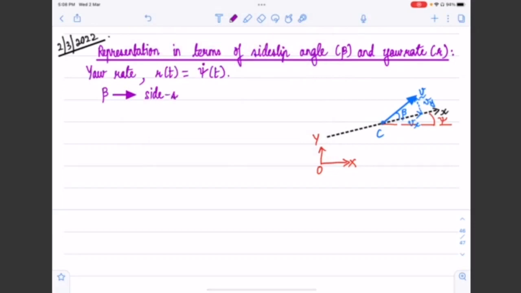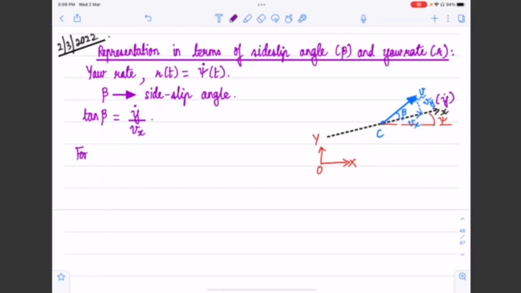Now we are going to rewrite the governing equations T1 and R1 in terms of these two quantities. Before we do that, let us look at a few facts. In this right angle triangle that we have drawn, tan beta is equal to Vy by Vx. Vy is nothing but y dot, as per our notation, so tan beta is y dot by Vx.